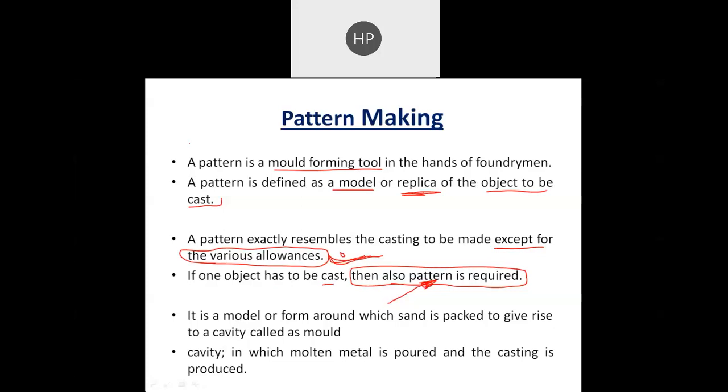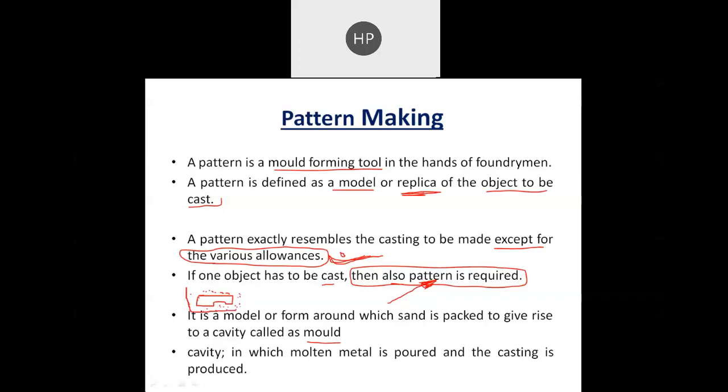And a model or form around which sand is packed to give rise to the cavity is called a mold. So what is a mold? Suppose we have one pattern like this, and around this pattern we fill or pack the sand.